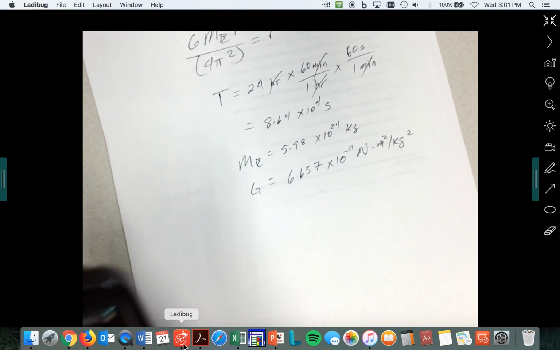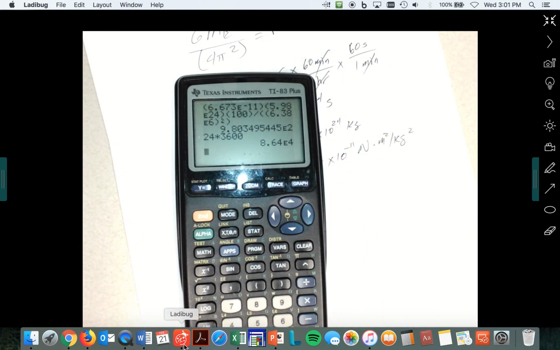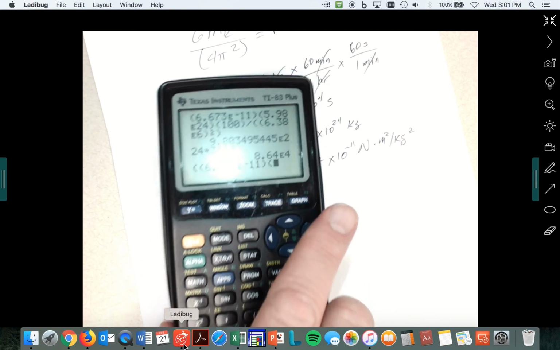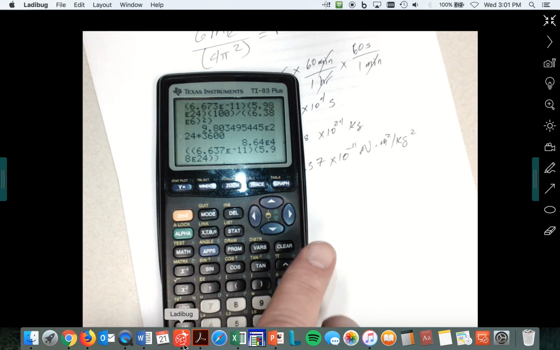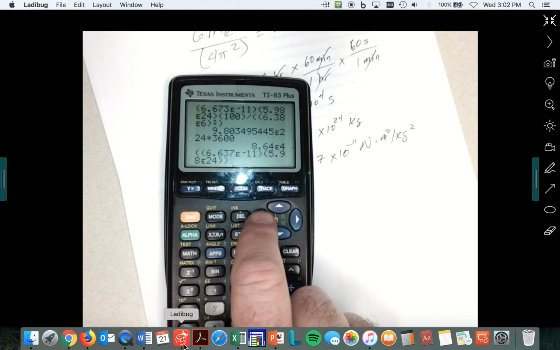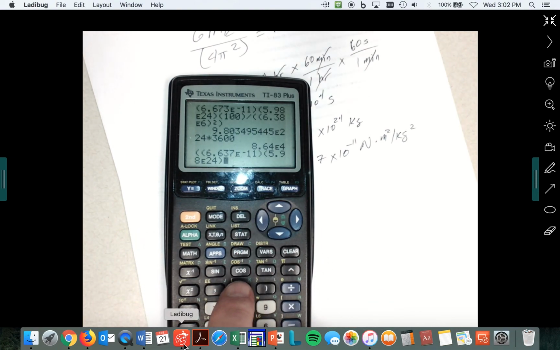All right, so you've got to be very careful. I wanted to make sure that I showed you how we calculate this on the calculator so that you don't make a mistake. So double parentheses, 6.637 second E to the negative 11 times the mass of the Earth, 5.98 second E to the 24th, close the parentheses, times t squared.